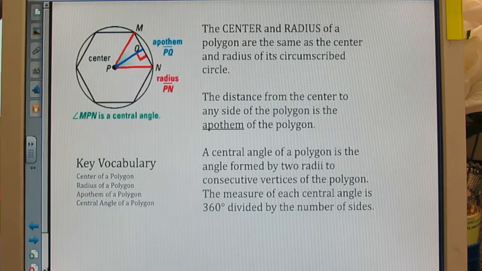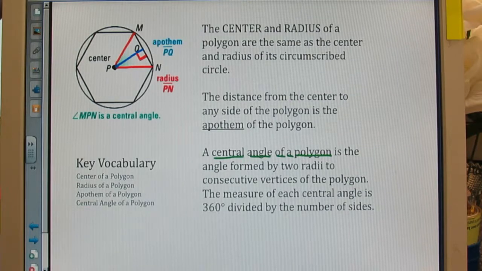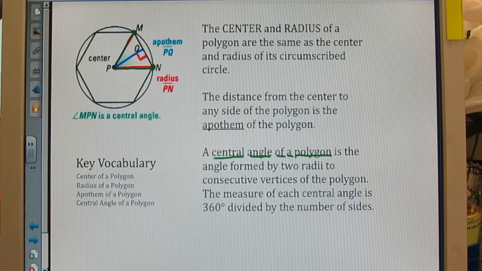So the last vocabulary word I have is the central angle of a polygon. And it's going to be the angle formed by 2 radii to consecutive vertices of the polygon. So in my figure, point M and point N are consecutive vertices. So therefore the angle MPN is going to be a central angle.